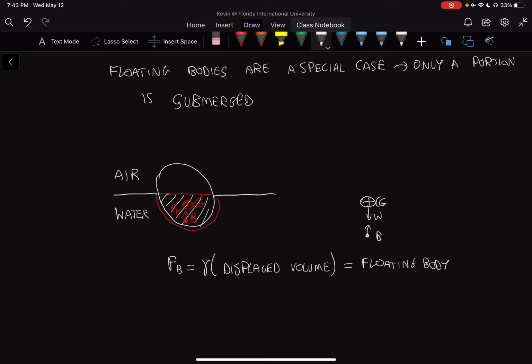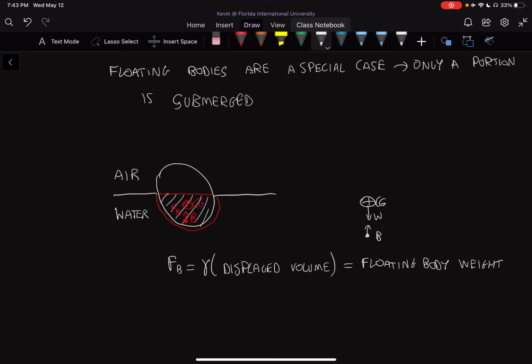So the amount of water displaced is actually equal to the weight of the floating body. So if, for example, a boat is 100 tons heavy, it will displace 100 tons of water. But part of it might be above the surface.